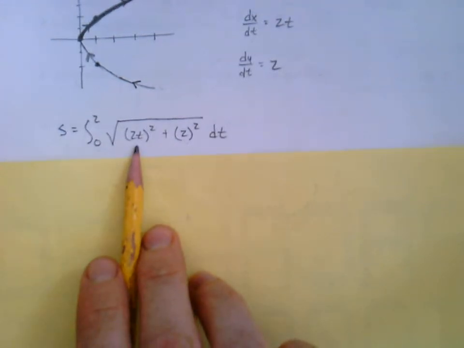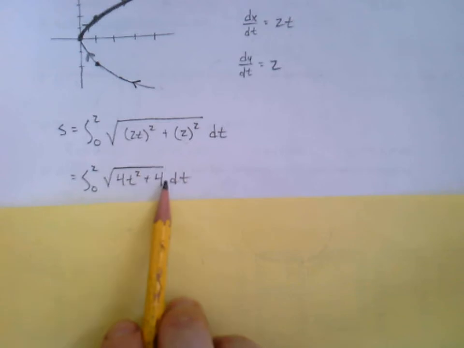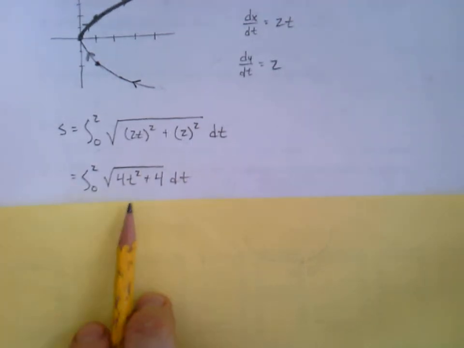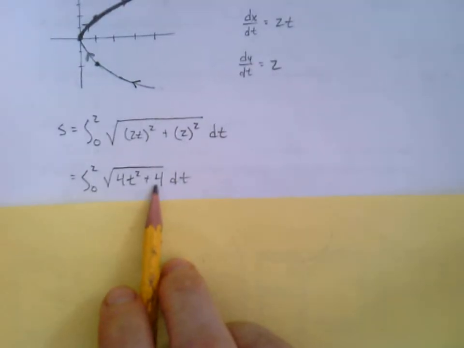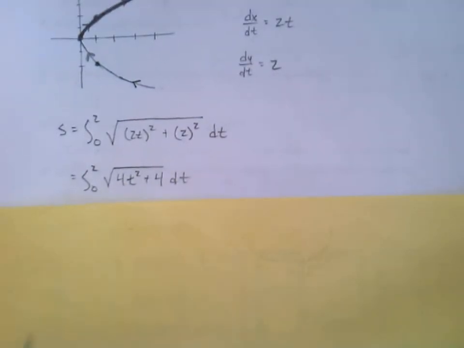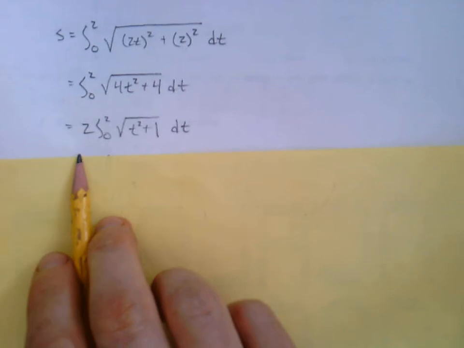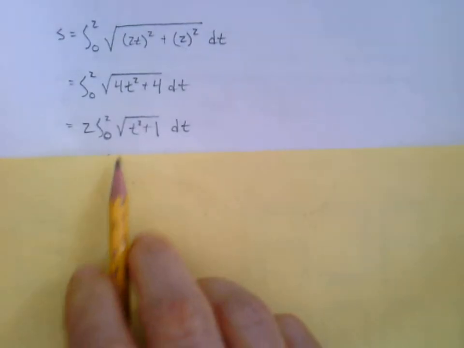Okay, well, let's try it out. If we square both of those, we get 4t squared plus 4 underneath. What might we do at this point? Let's factor out a 4, even move it out front completely. So 2 times the integral from 0 to 2 of the square root of t squared plus 1.